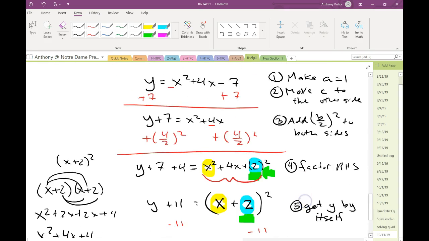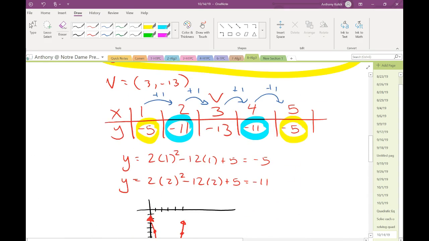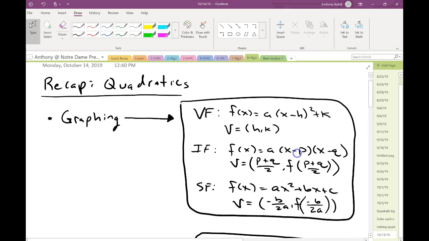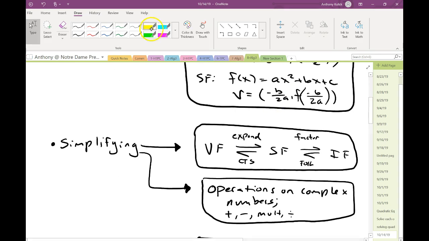If I go back and I look at my list, it looks like vertex form to me, right? So we're starting in vertex form, and we want to land in standard form. So to do that, I need to expand. Is everybody okay with how I use that chart?